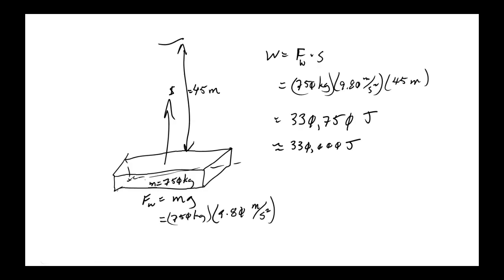Okay? Let's see what we got. Now, they write it a couple of different ways. Our answer is perfectly fine, but because that's a pretty big number, they write it in scientific notation, which is move the decimal 1, 2, 3, 4, 5 places.